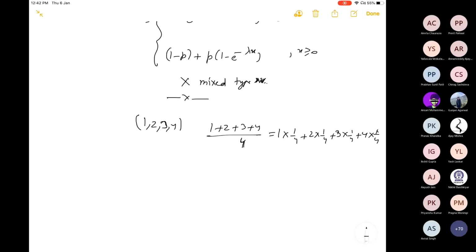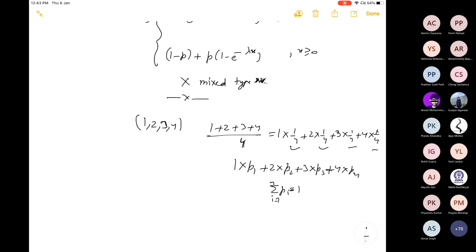Now, if we give different probabilities such that their sum is 1, because 1 by 4 four times is 1, then we may have 1 into P1, 2 into P2, 3 into P3, 4 into P4, such that the sum of Pi is 1.